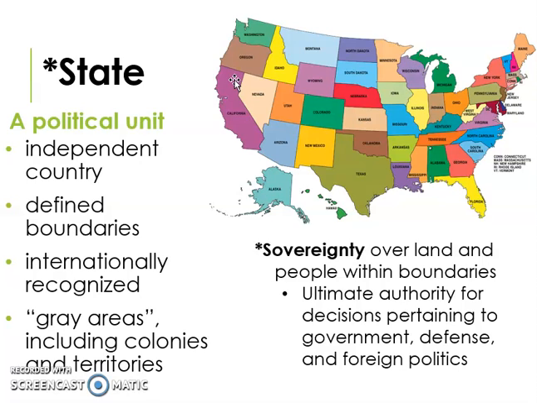The 13 colonies were originally 13 different states. They were not unified until they came together to fight the British and declared their independence as one. So that is why they're called the United States, because they were once each independently sovereign.